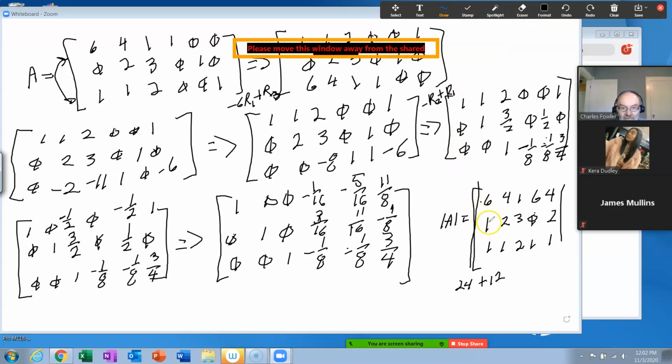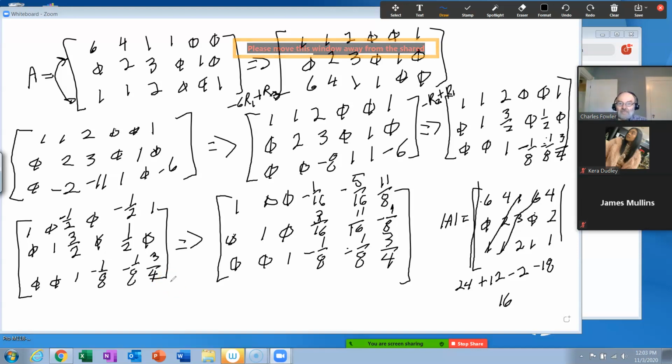This was a 0 here, but that's not going to impact anything. Let's do the up diagonals: the first is a -2, the next is a -18, and the final one is a 0. So this is a -20, plus 24 would be a +4, and 12 would be 16, I think. Now that's the determinant of A.